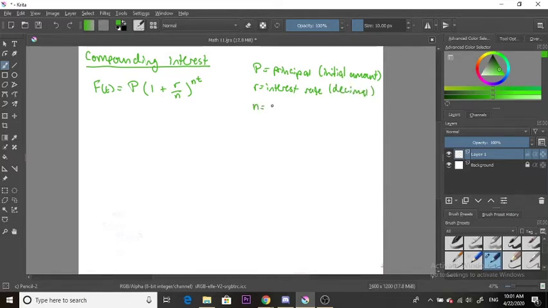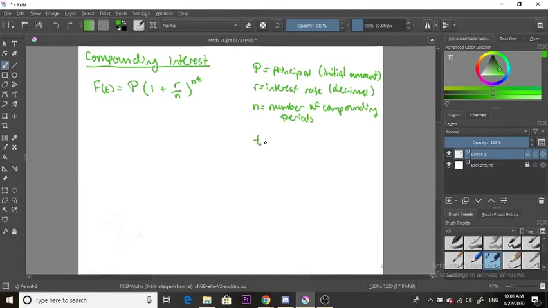Now N is the number of compounding periods. In our previous example, we were looking at an annual amount, so our N was just equal to 1. But you can have other compounding periods. For instance, you can have a weekly compounding interest, you can have monthly, you can have biannual, and you can even have daily.